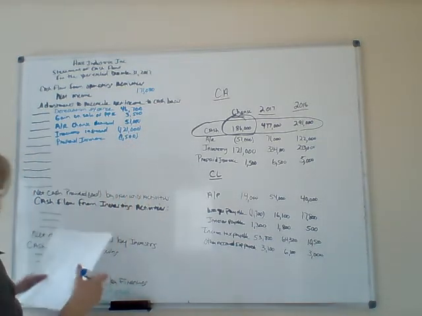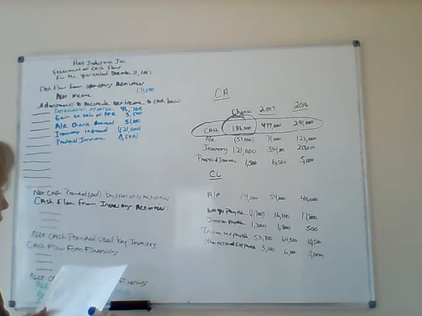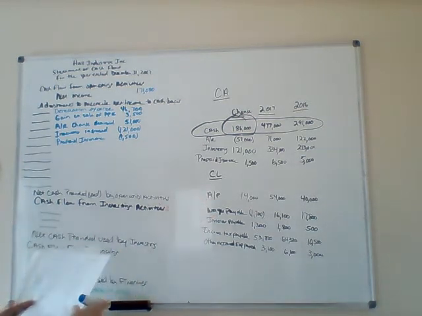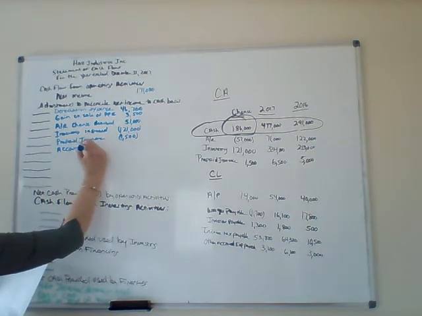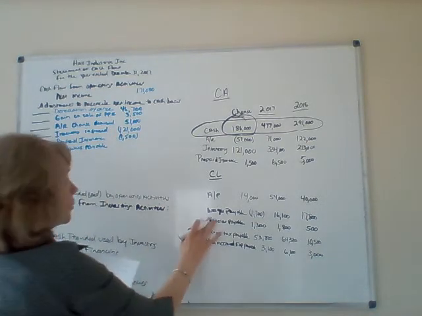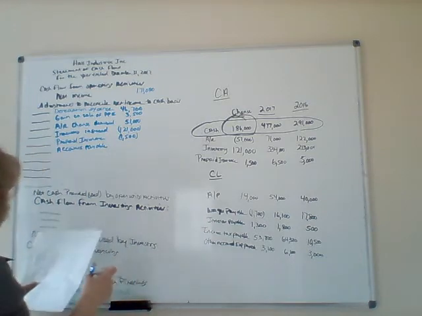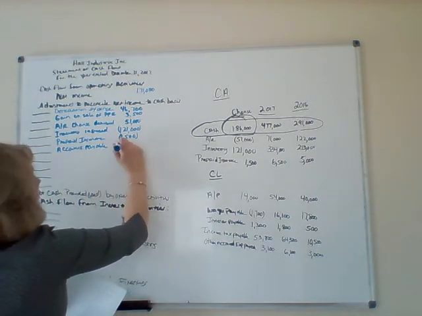Okay? All right, next I'm going to my liabilities. I'm going to start with accounts payable. Accounts payable, 14,000. It increased.